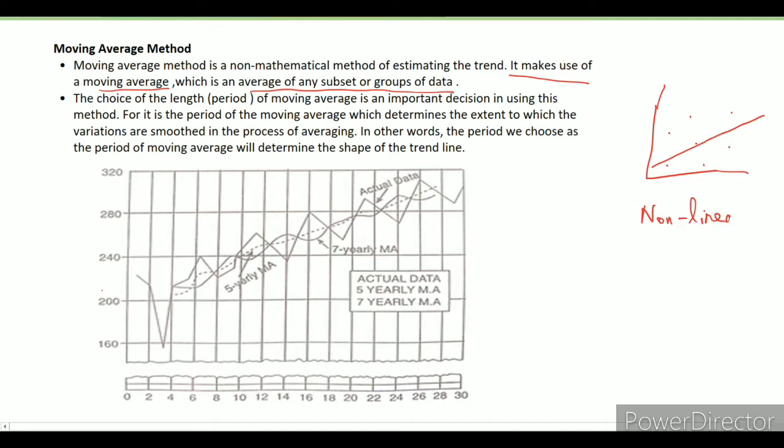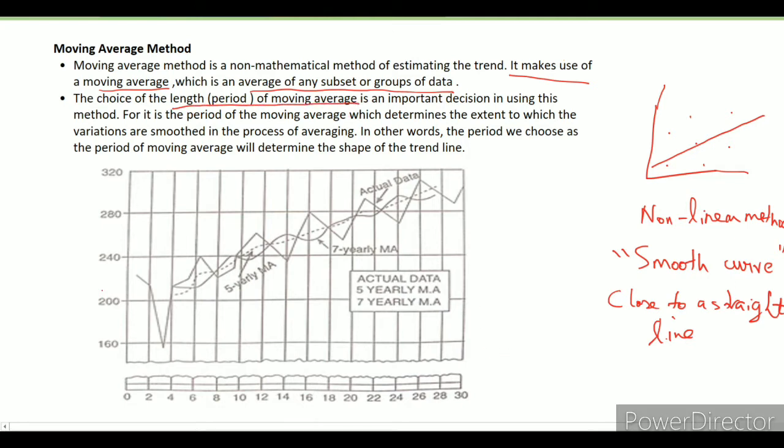It does not give us a straight line. At the most, it can give us a smooth curve, which means something close to a straight line. And again, that will depend upon the length or period of the moving average.